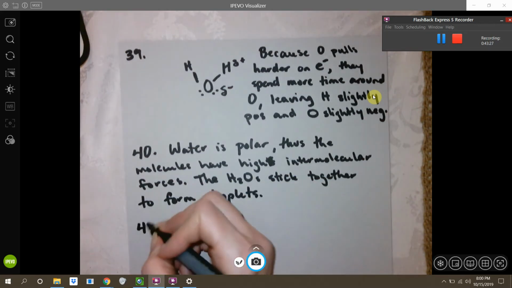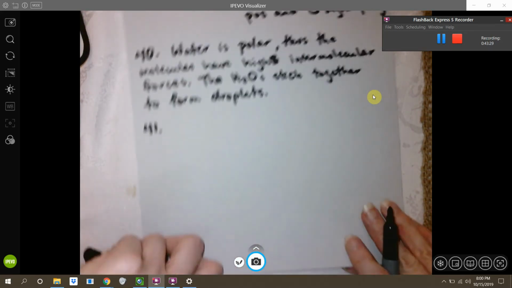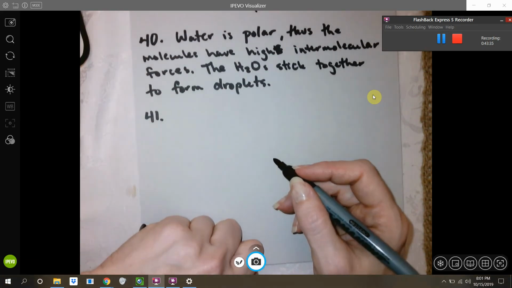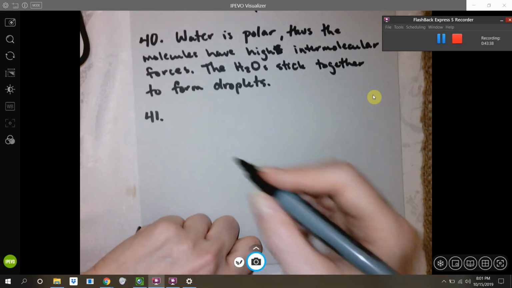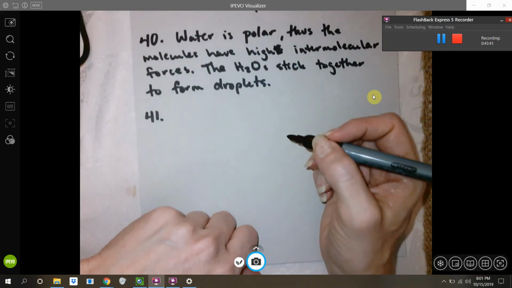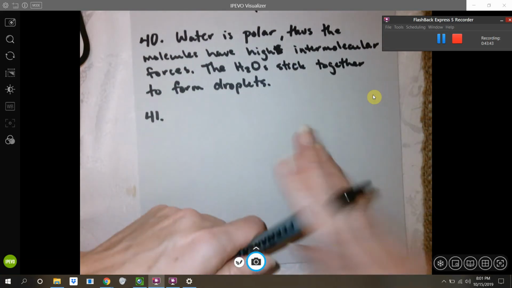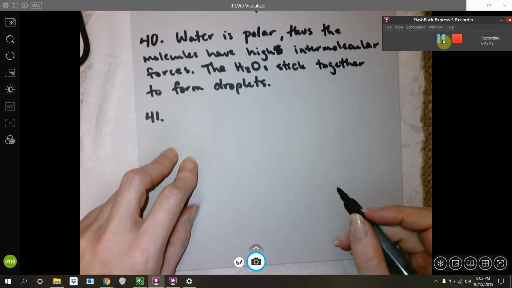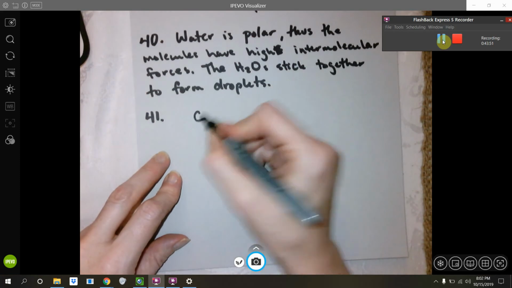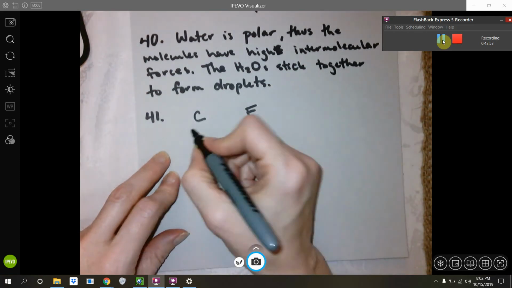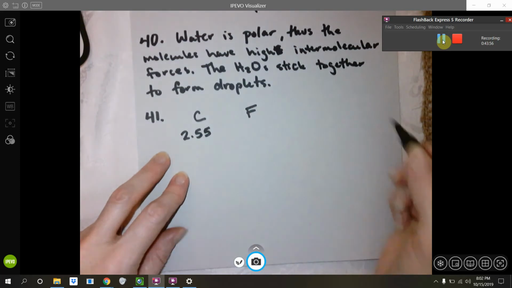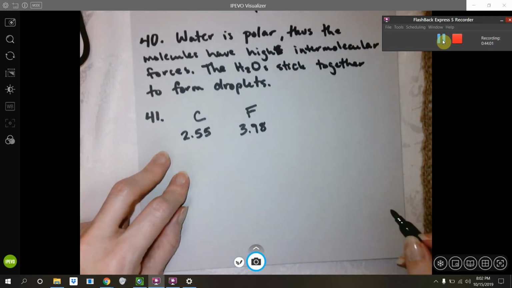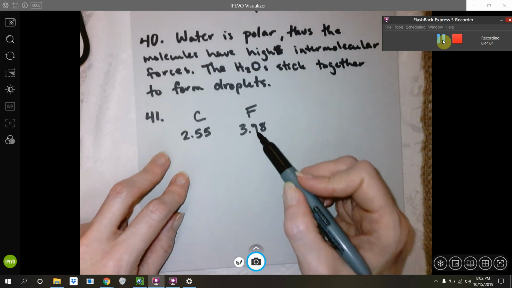Okay. 41. In CF4, which end of the CF bond is slightly positive? Okay, so we need to look up our electronegativities. When we compare electronegativities of carbon to fluorine, we find that carbon has an electronegativity of 2.55, fluorine has one of 3.98, and so that means that fluorine is the bigger electron hog.